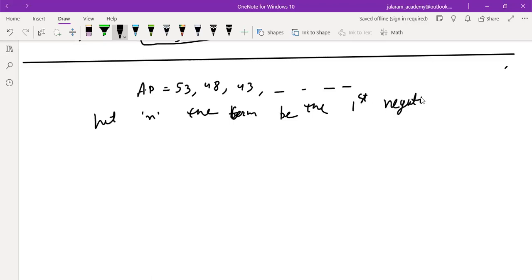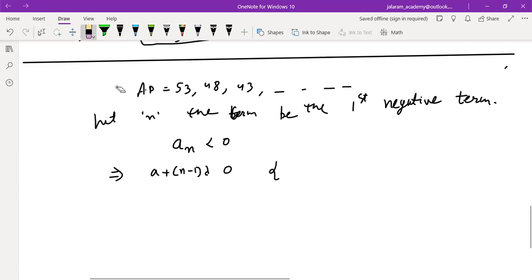Negative means what? The nth term is less than 0. And what is the formula for the nth term? A plus (n minus 1) D. Value of A is 53. D is 48 minus 53.